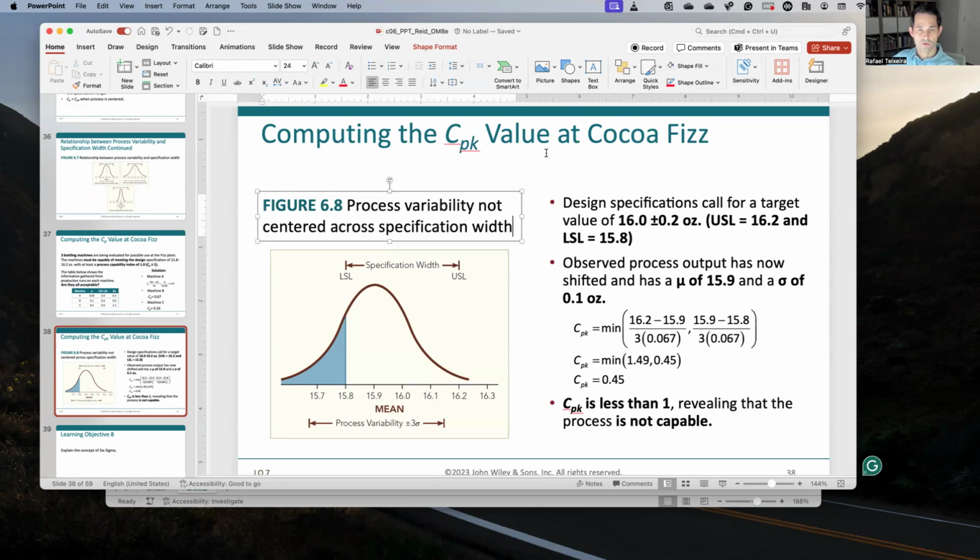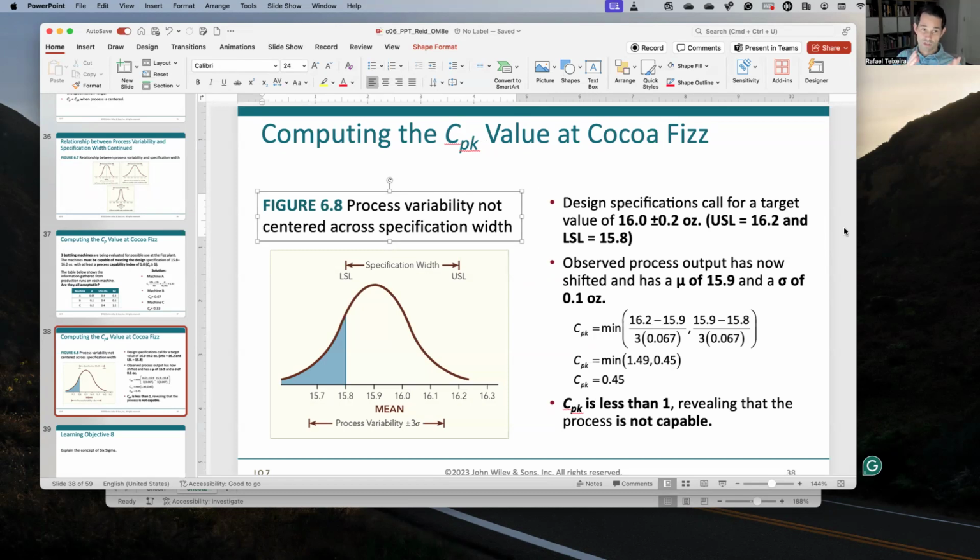In this video, I'm going to talk about CPK, the second measure of process capability. Remember, this CPK measure is designed to provide information about the capability of a process if the process may not be centered.